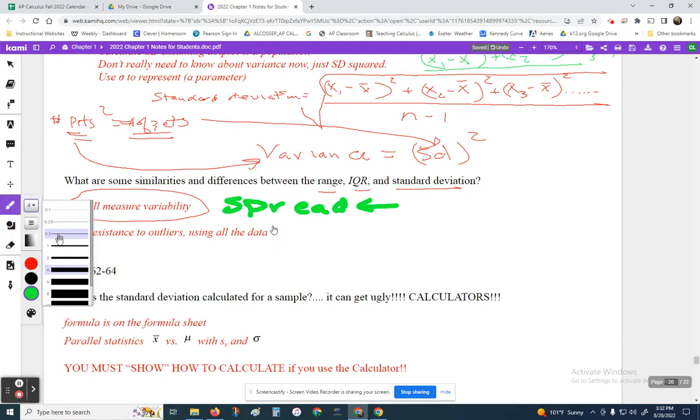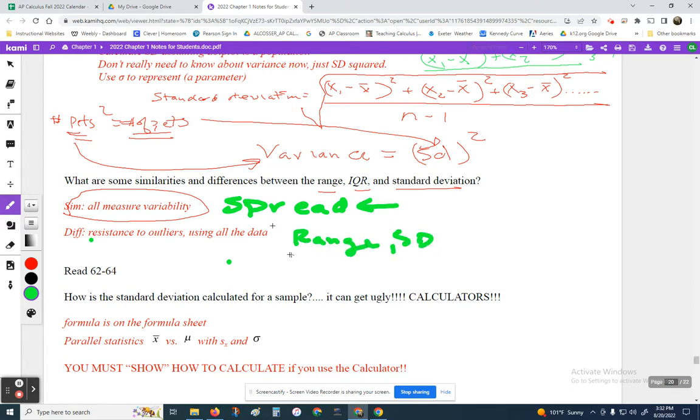Some are better than others, but they all measure spread. So what's the difference? The difference is their resistance to outliers. So range, which we don't use, and standard deviation are not resistant.